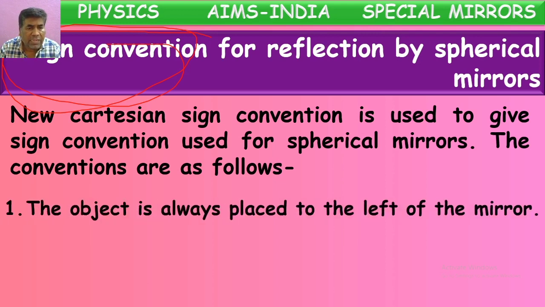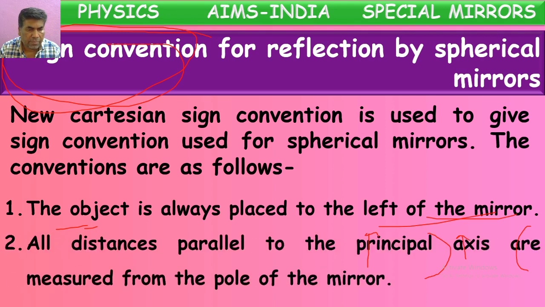This sign convention follows some rules. According to it, the object is always to be placed to the left of the mirror, either concave or convex. That is the first case.